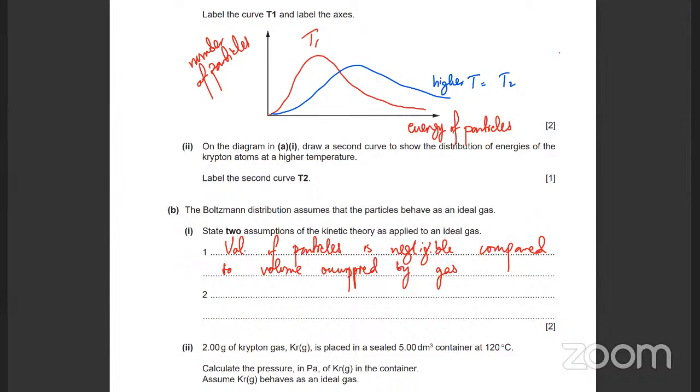All collisions are elastic. No, that's not the main assumption. There are two main assumptions. What's the second main assumption? Particles have no attraction between molecules. So there are negligible intermolecular forces. Remember, there are lots of assumptions, but the two main assumptions are negligible particle volume and negligible intermolecular forces.